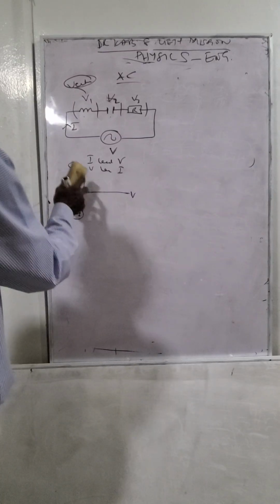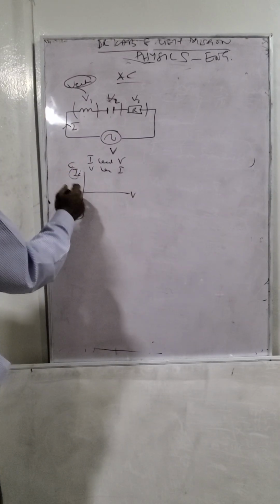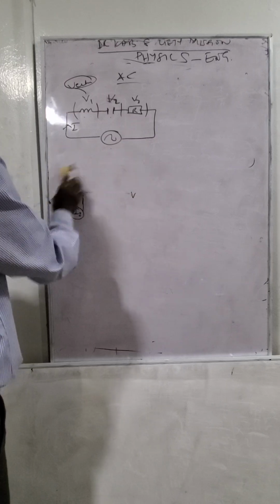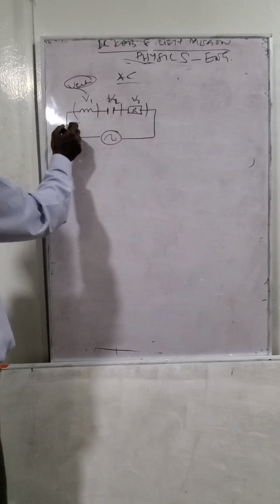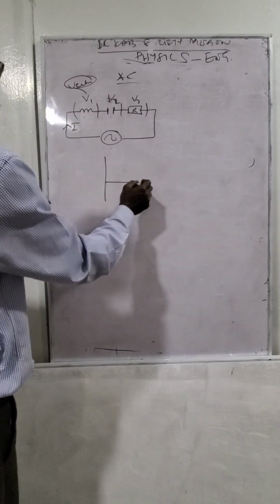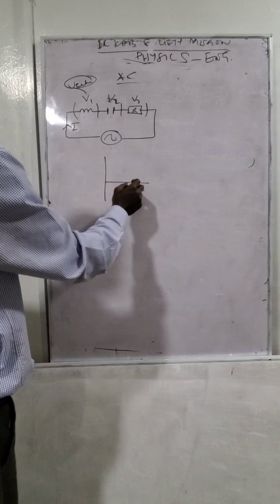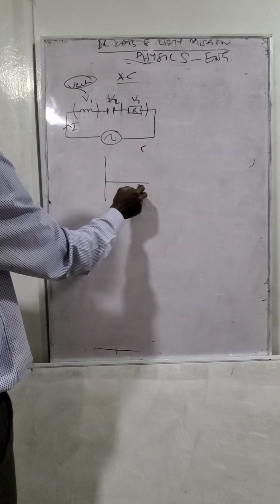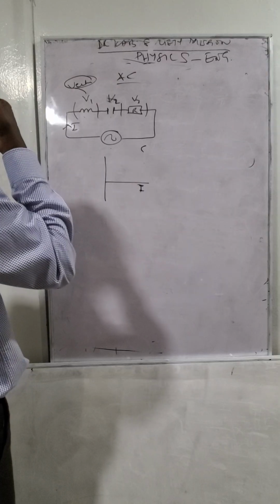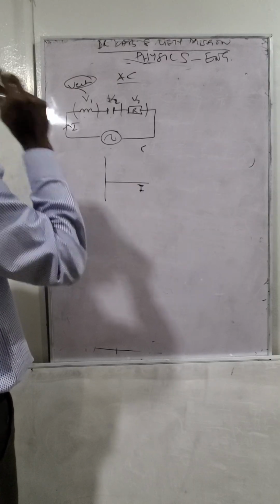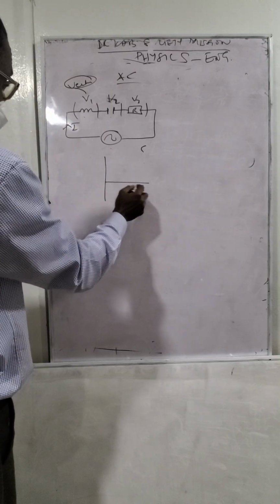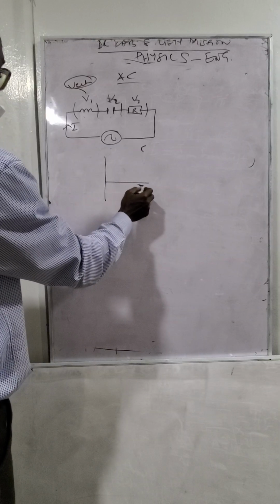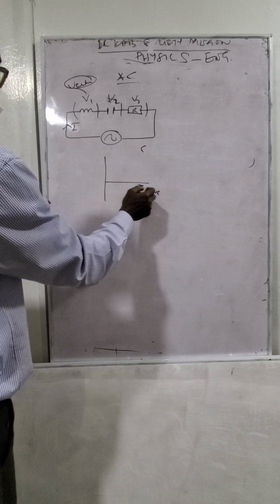Since the current is the same, we can assume this is the current for all of them, the same for C, L and R. In a capacitor, current is leading voltage. So what do you think the voltage will be?